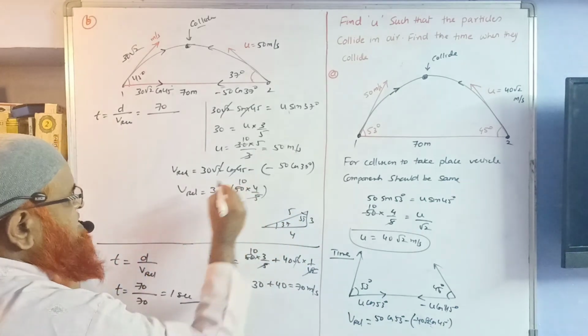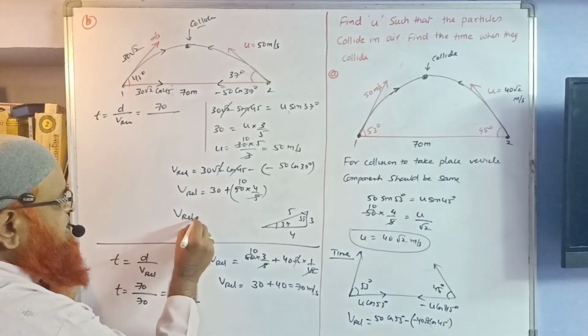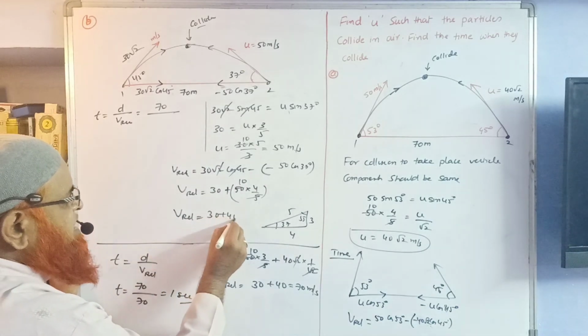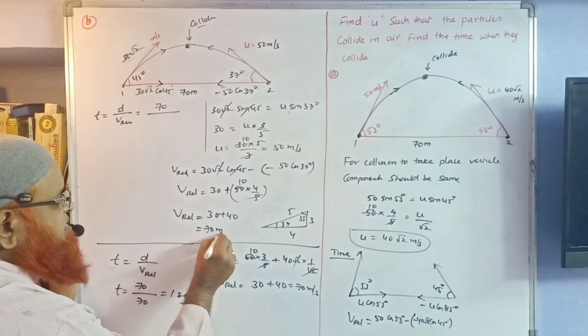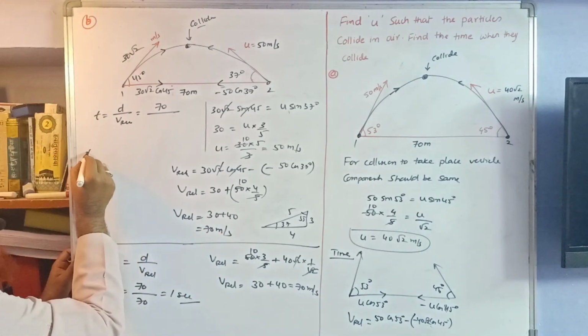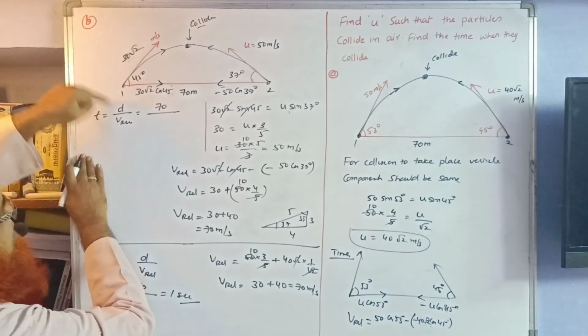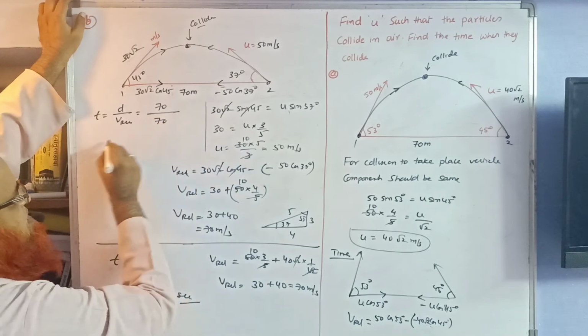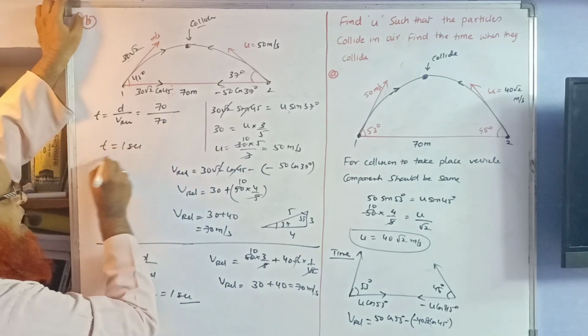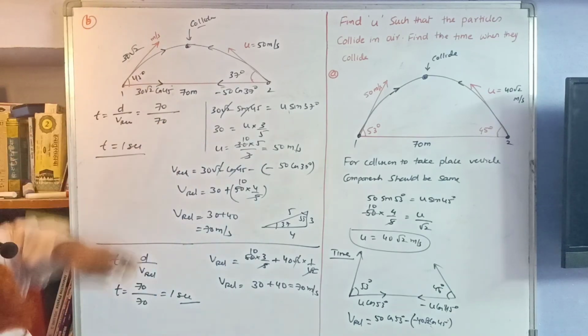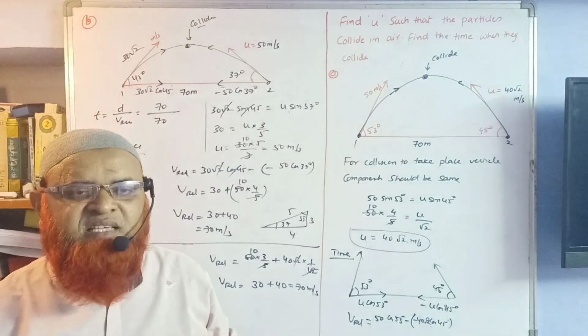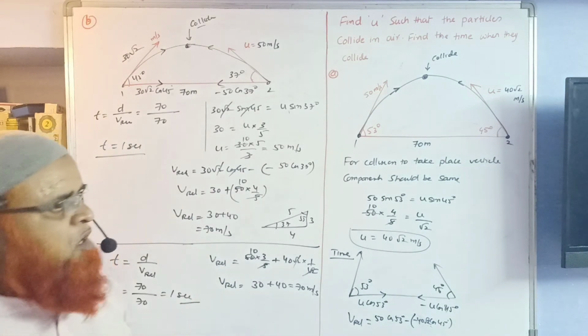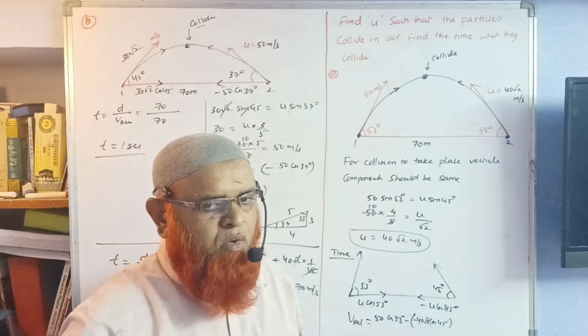So 5 ones, 5 tens here. So v relative is going to be 30 plus 40 here also. It is going to be 70 meters per second. Therefore, time is equal to distance by relative velocities. Here also 70 by 70. So they are going to meet exactly after 1 second. Okay. So this is a method of solving the problem regarding collisions.